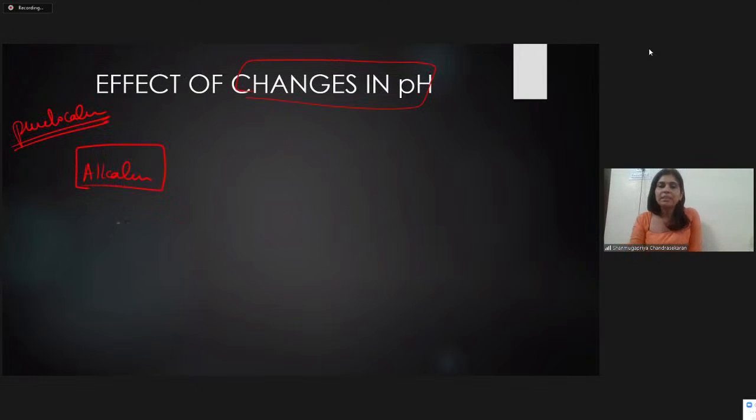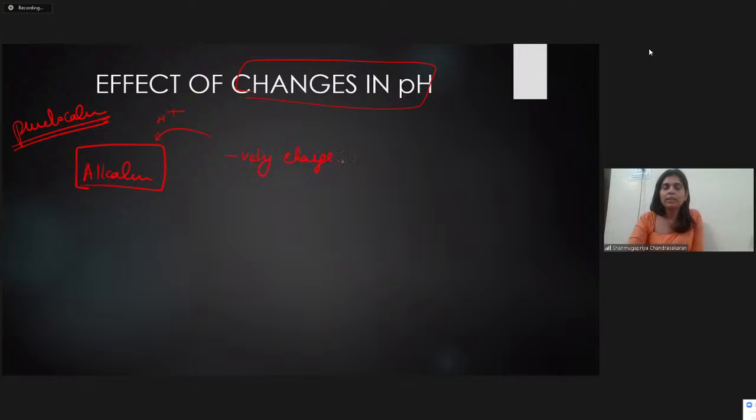So what happens in alkalosis? In alkalosis, because your proteins try to act as a buffer, they try to neutralize the alkaline pH, and to neutralize the alkaline pH, they give off their H+. Once proteins give off their H+, they all become negatively charged.